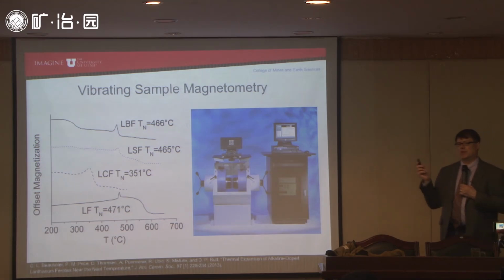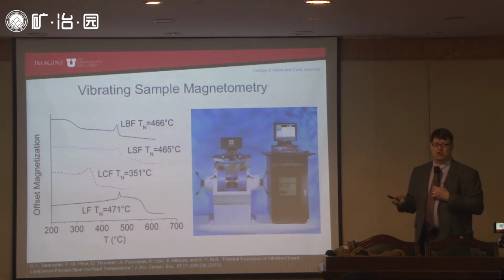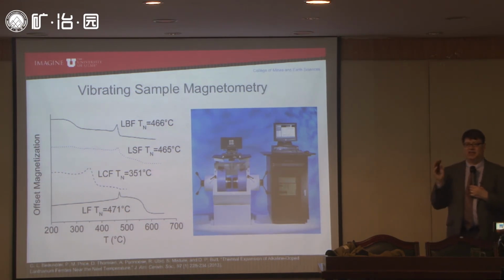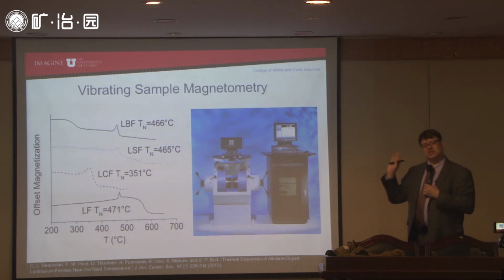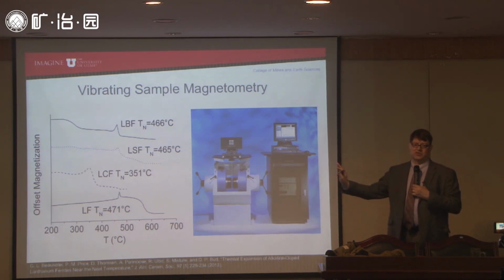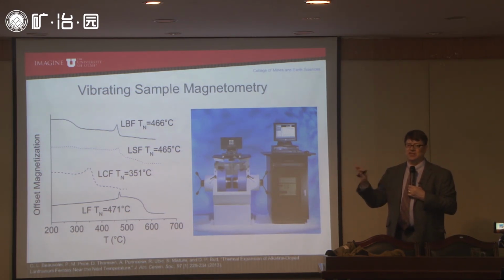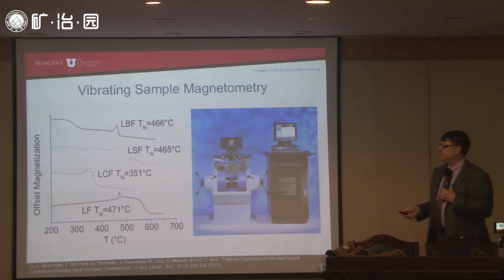We're going from an antiferromagnetic to a paramagnetic phase transformation. If you add a divalent cation, you're going to form tetravalent iron. When you form tetravalent iron, that shifts the phase transformation to lower temperatures. It makes it easier for that phase transformation to occur.